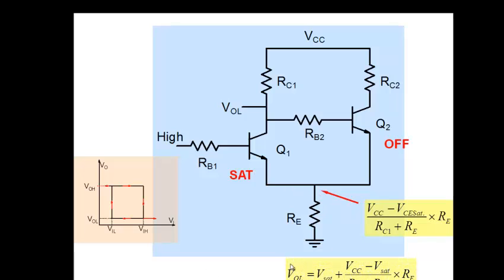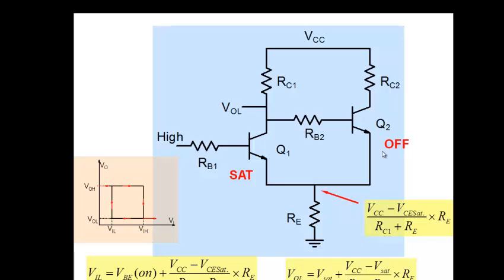And therefore we write here VIL. And V0L is also very simply written, because V0L is this particular point. We know what is the current flowing in this branch. So the value here is nothing but VCE sat, 0.2, plus the drop here. So both these values, VIL and V0L.